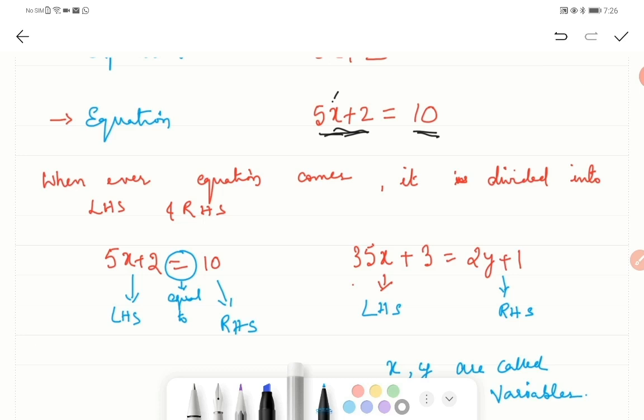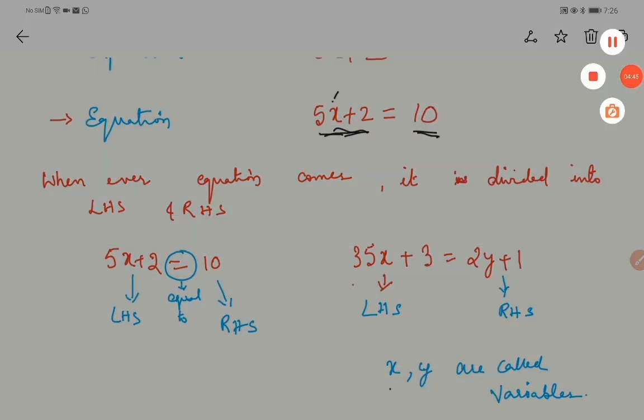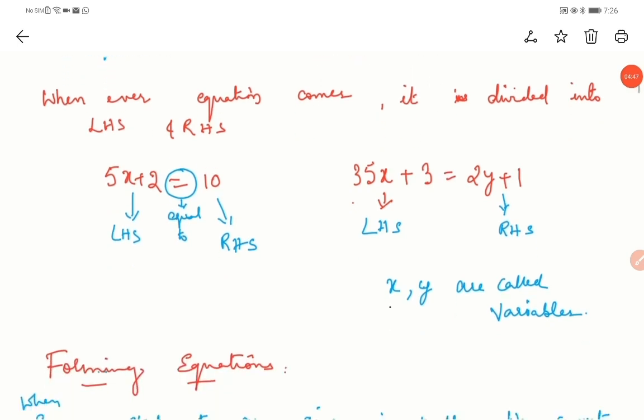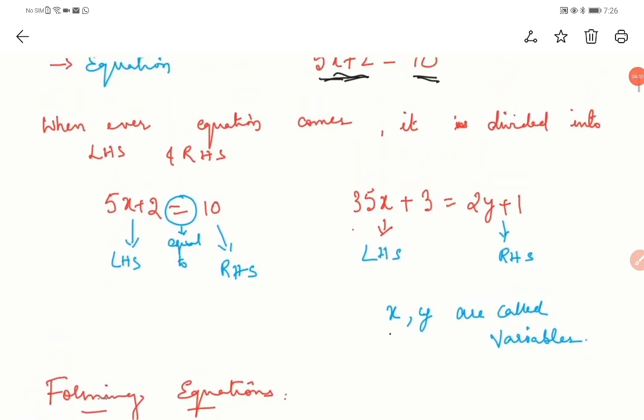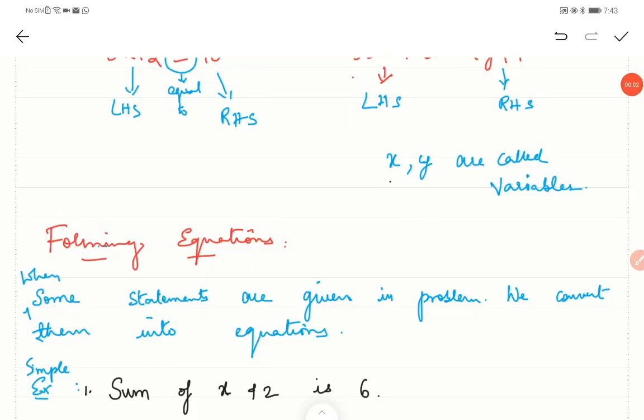Okay, let's move further. So how do you form these equations? Sometimes what will happen is statements will be given, and you will form equations from these statements.